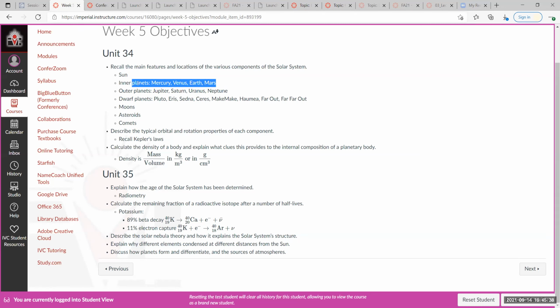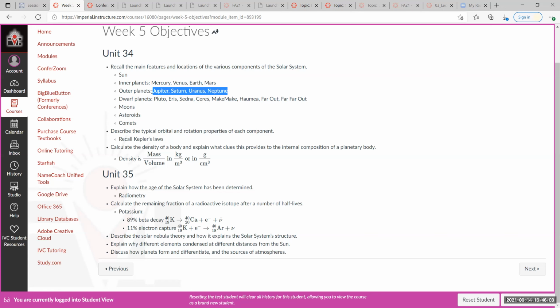The inner planets are denser. The outer planets are less dense, okay? The density, if you take a volume, 1 liter of planet Earth, for example, and compare it to planet Jupiter, the 1 liter of Earth weighs more than 1 liter of planet Jupiter. Okay, that is a fact.